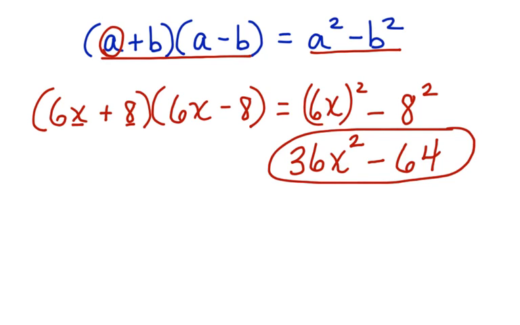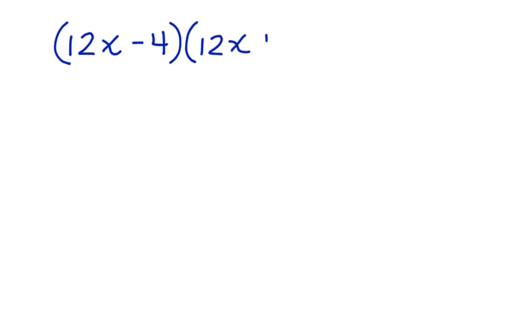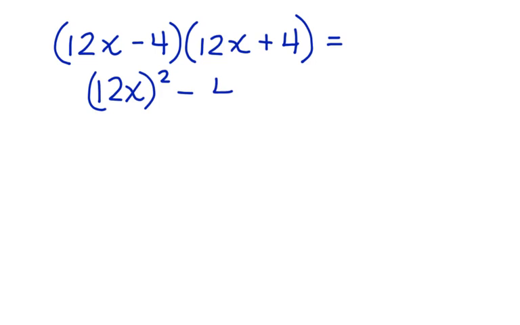Let's take a look at another one. With this one I have 12x minus 4 times 12x plus 4 equals, here I have 12x squared minus 4 squared.